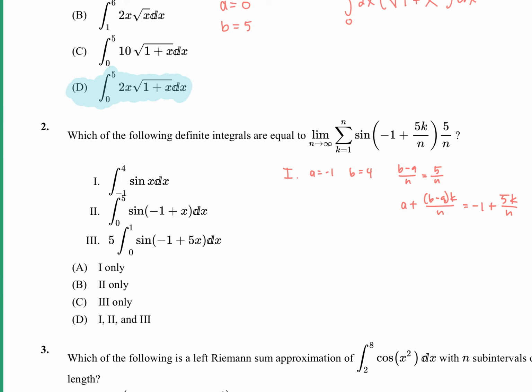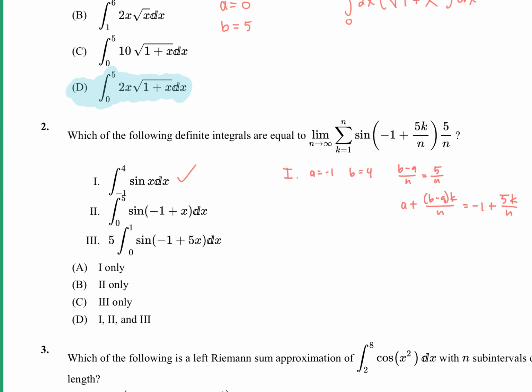If we plug this in for x, we get sine of -1 plus 5k over n, so that checks out. And then we have just b minus a over n on the outside, so that checks out. So the first one checks out.